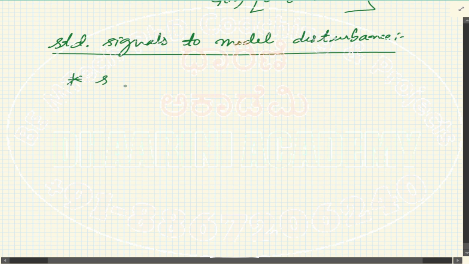Okay, this is nothing but u of t, standard definition. Since it is represented using Laplace, what is Laplace of u of t? Do you remember? Laplace transform of unit step function.